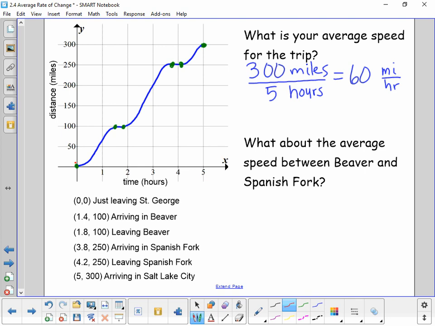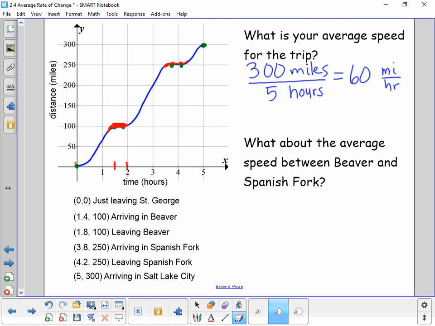So we have these periods where you might have noticed you are not traveling any farther, between almost time 1.5 and pretty close to 2 hours. For that time period, you traveled 0. So maybe that represents when you take a pit stop in Beaver. So you stayed there for a little while.